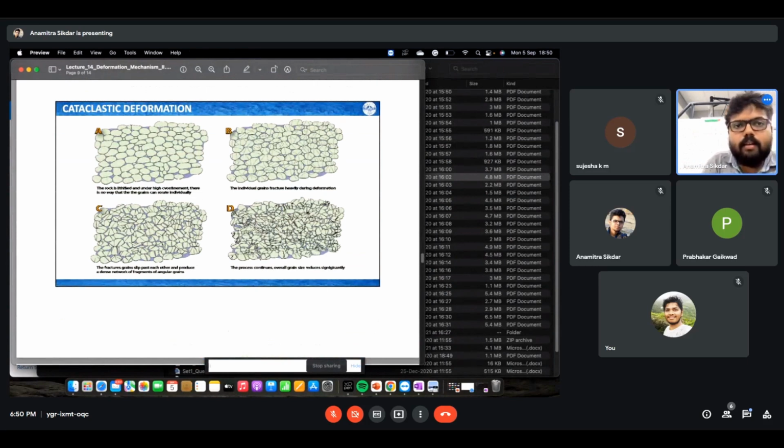This is A, B, C, D, which is the way deformation has proceeded. This is how the grain fractures appeared in section B, and in section C you can see the fractures are widened, and these fracture surfaces are filled with some material.